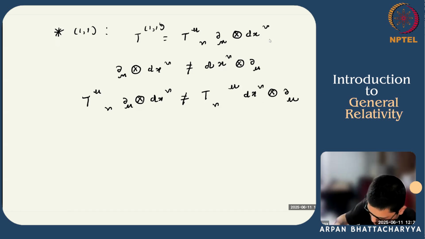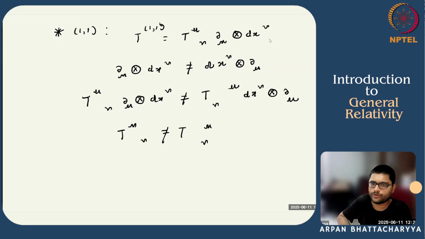So loosely speaking, T mu nu is not equal to T nu mu in terms of the components, unless there are some symmetries, which only appear in special cases. One should be mindful that if you interchange this ordering, you will get in general a different tensor. So please be mindful about this fact.